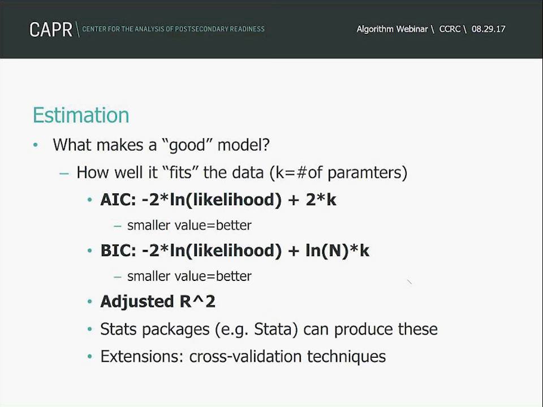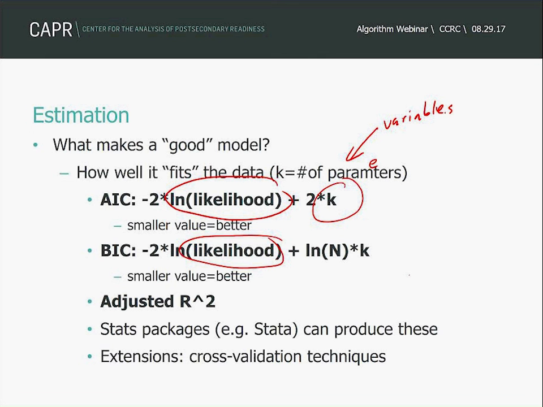The AIC and the BIC want to maximize the model fit. You can think of the model fit as being this term here, how well it matches the data. And then this K here is the number of variables you put in. That's why I use parameters and variables interchangeably; sorry, there's a typo here.